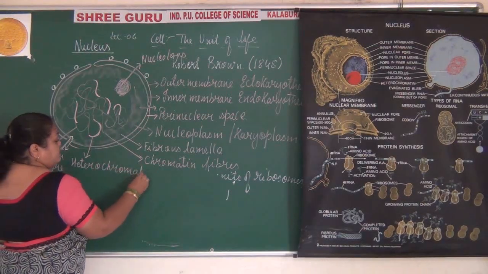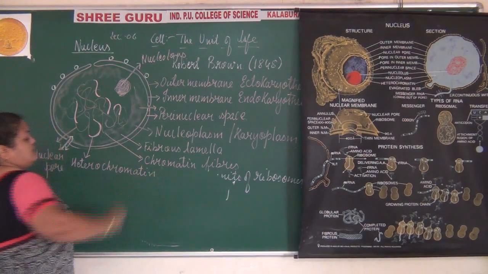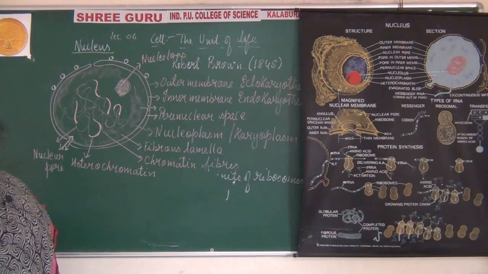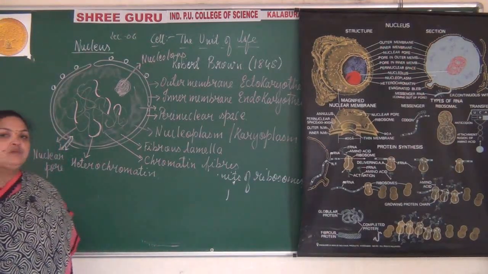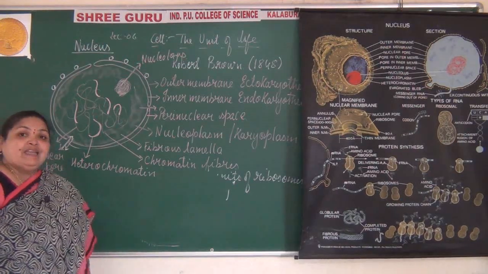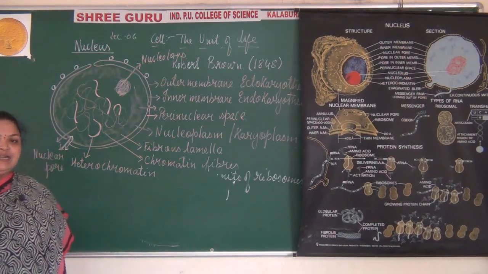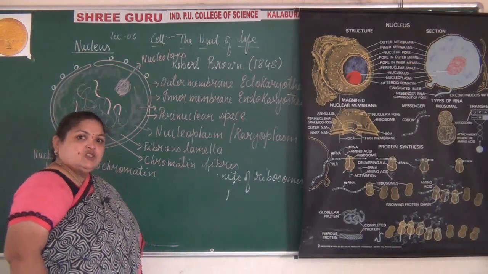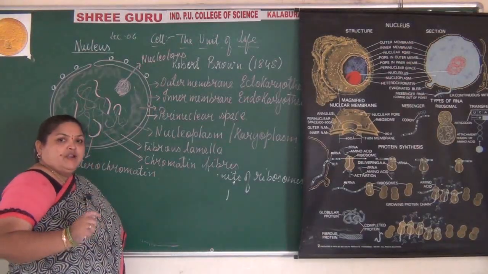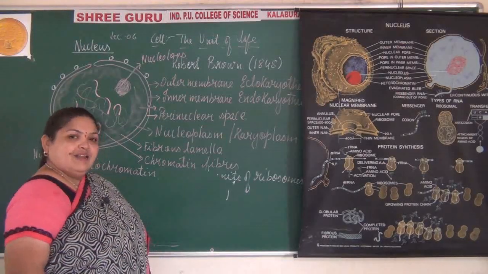Heterochromatin stains dark and appears dark as it absorbs stain, and is metabolically inactive, where there is no crossing over. The meaning of crossing over and all you will be learning in the next class.